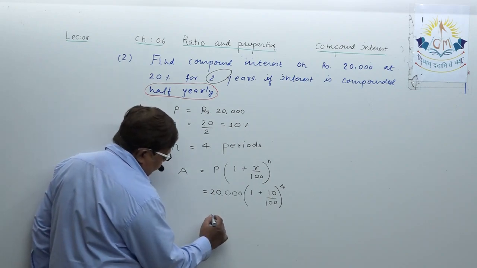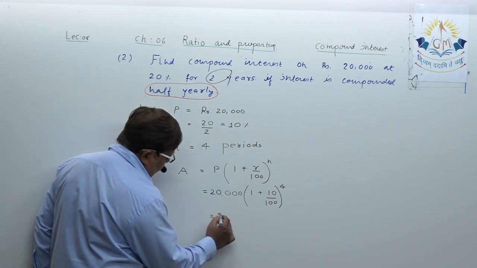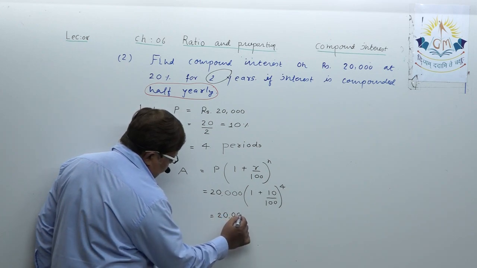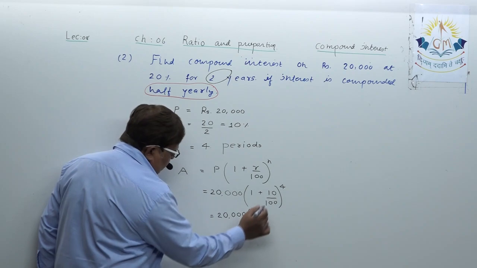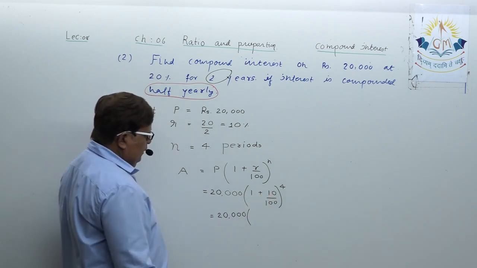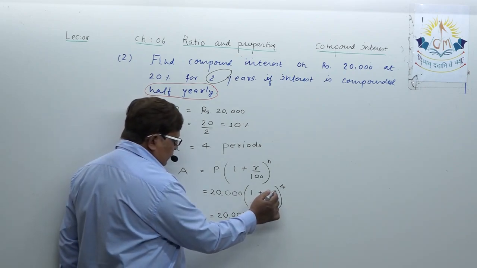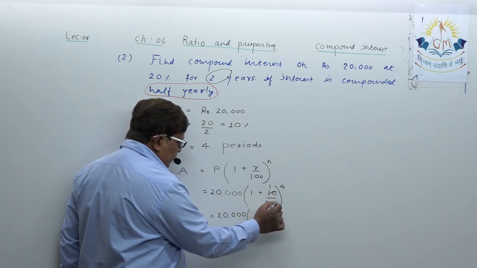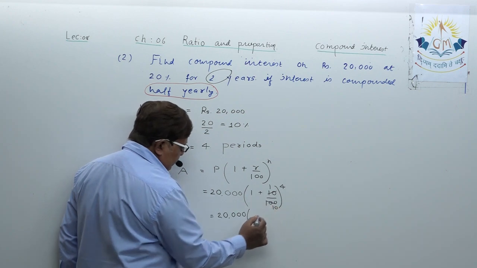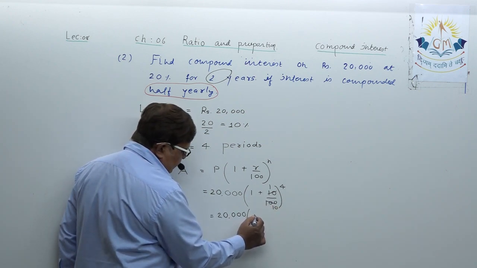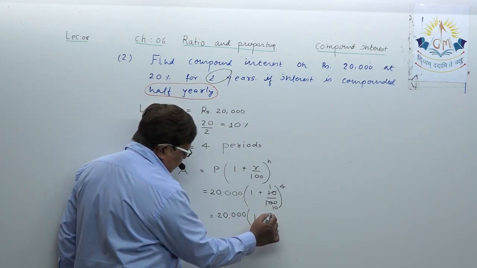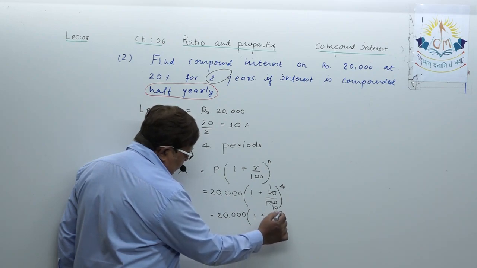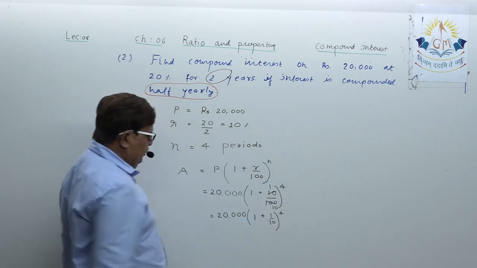Next step, 20,000. Here further cancellation is possible. 10 1 ja, 10 10 ja. So you got in bracket 1 plus 1 upon 10 raised to 4.